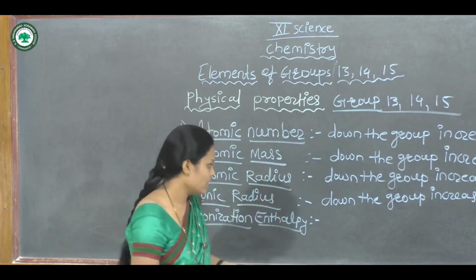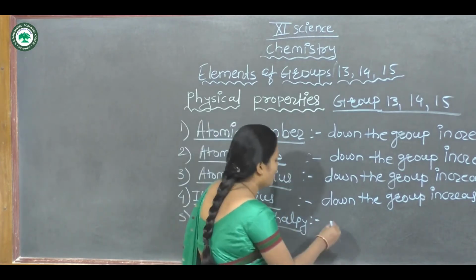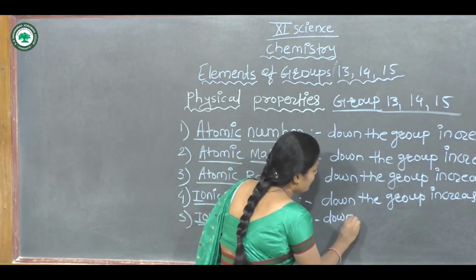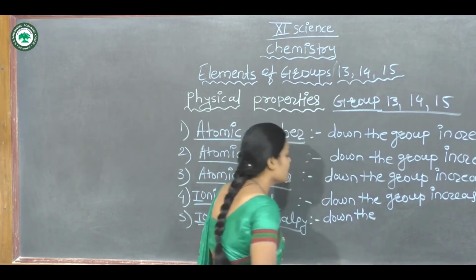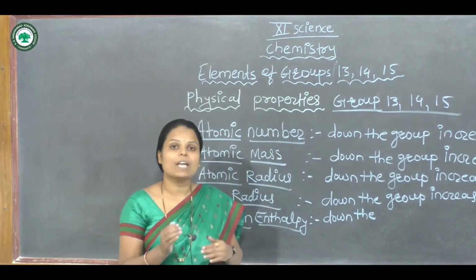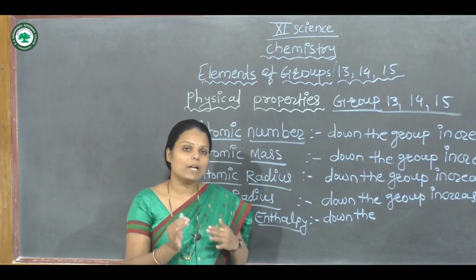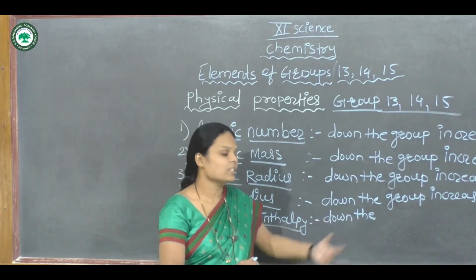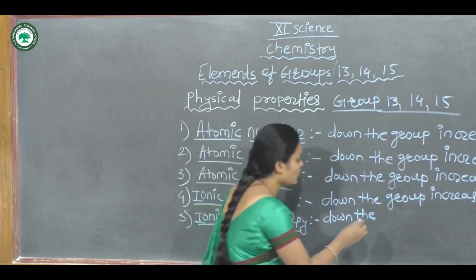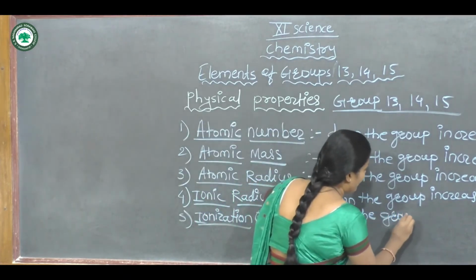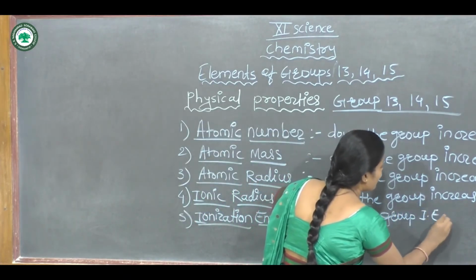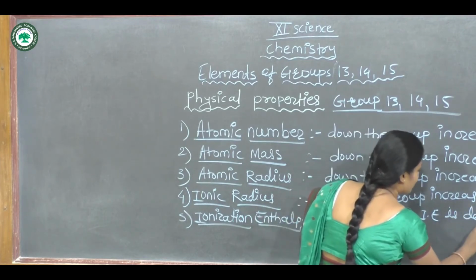Why does it decrease? Because the energy gap increases, and that's why the value of ionization enthalpy decreases down the group.